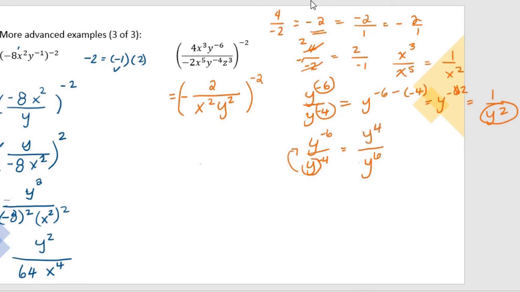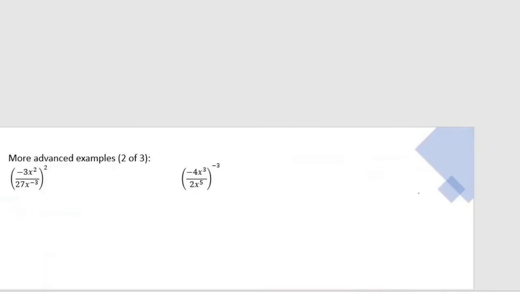So maybe you look at that as y to the power of +4 divided by y to the power of +6. And now it is a little bit easier, in fact, to apply the rules of exponents, and we'll still get 1 over y to the power of 2. Or maybe you're thinking of it as 4 y's in the numerator and 6 y's in the denominator. That may still be easiest for you, and that's absolutely fine.